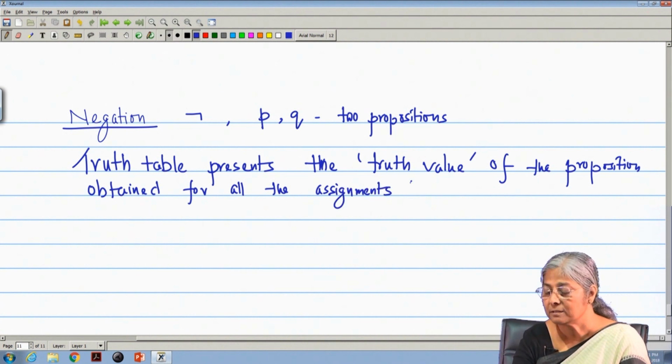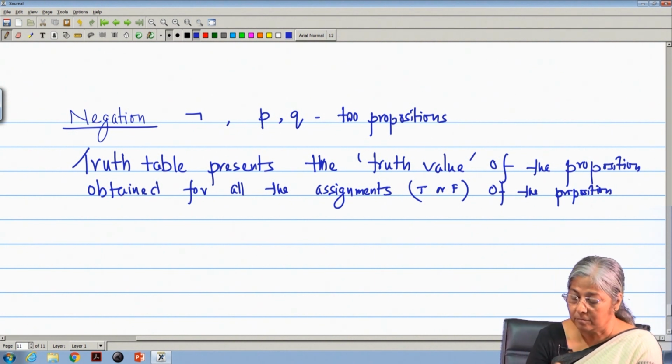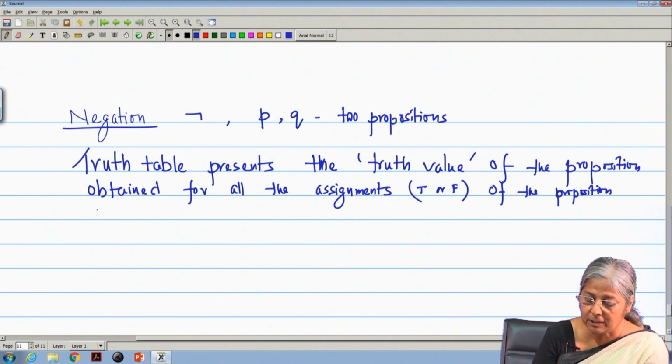Here assignments means either true or false of the primitive proposition, in this case P and Q.